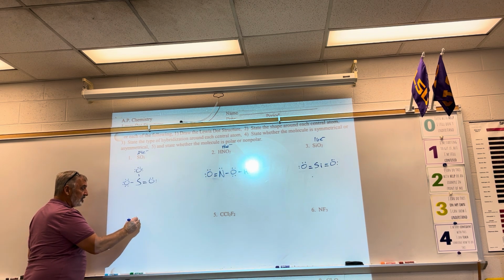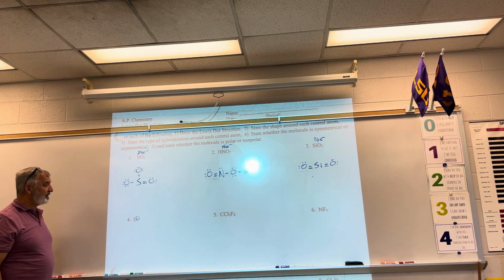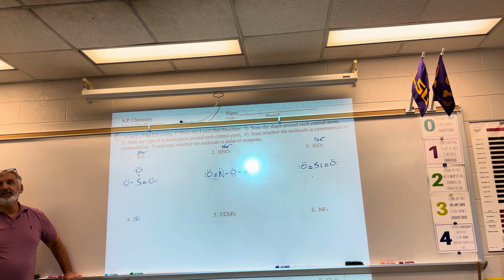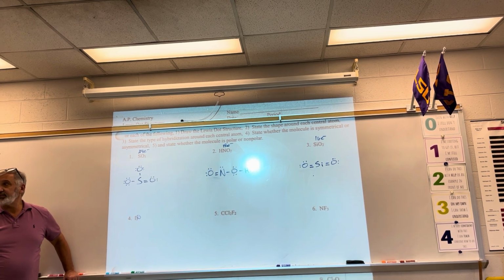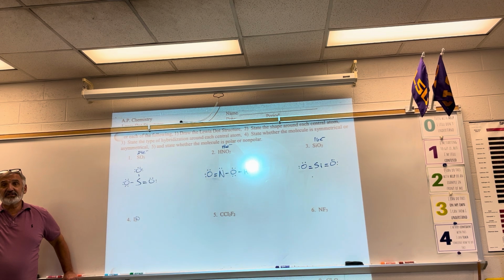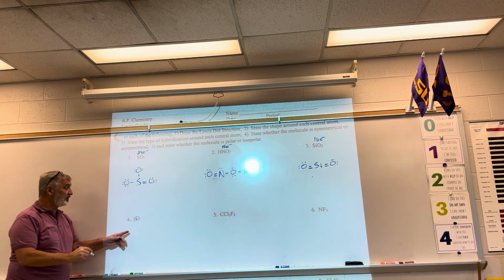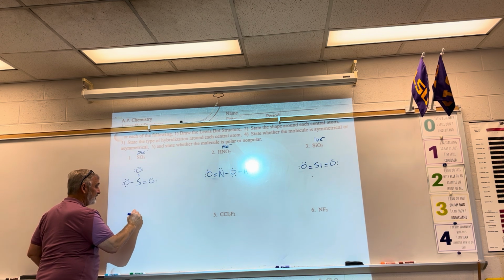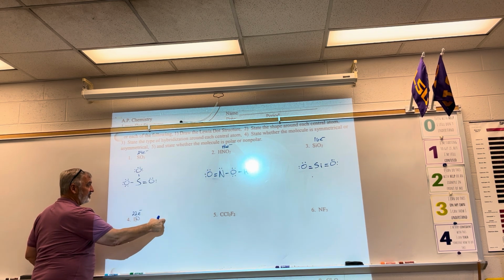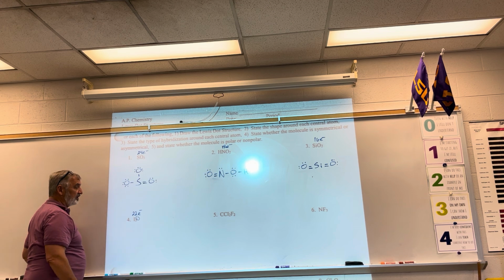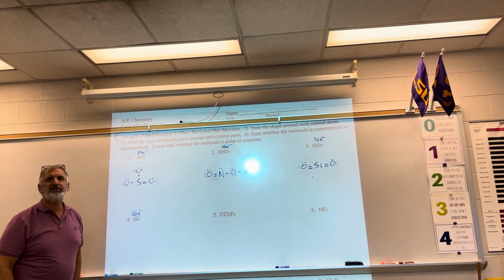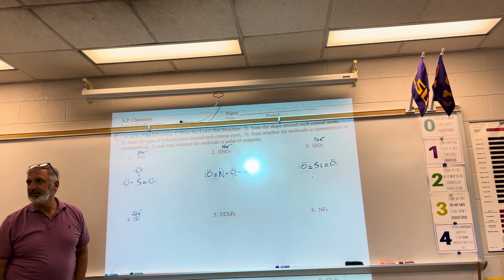So Carter, what does that minus mean? It gained an electron. So when we count electrons, iodine has how many electrons each? 7. 7 times 3 is 21, but an extra one means I have 22 electrons. I'm going to draw it over here. So what's going to be my central iodine?